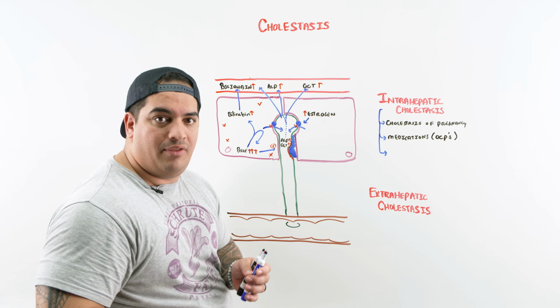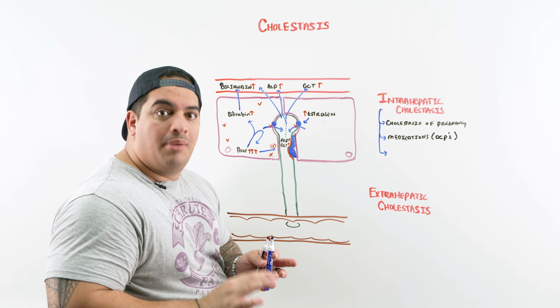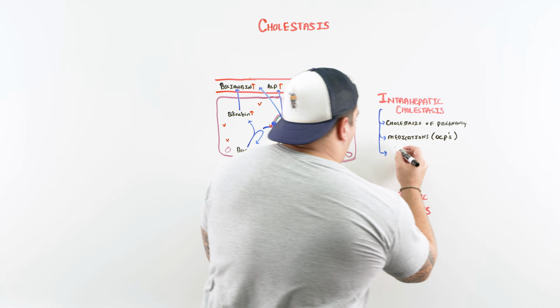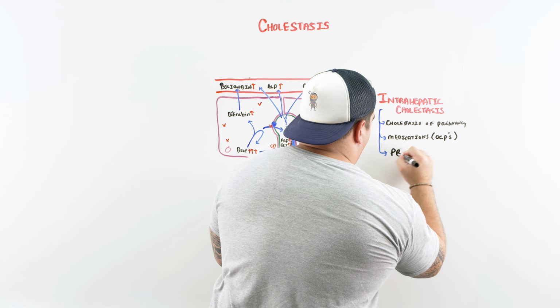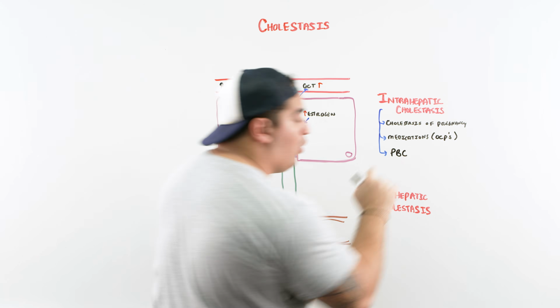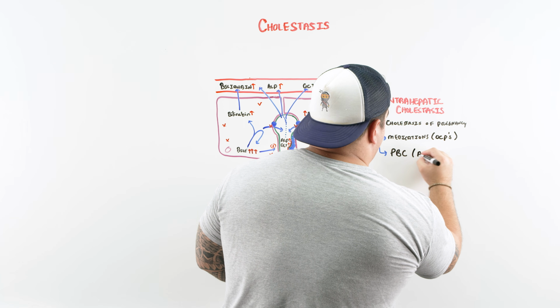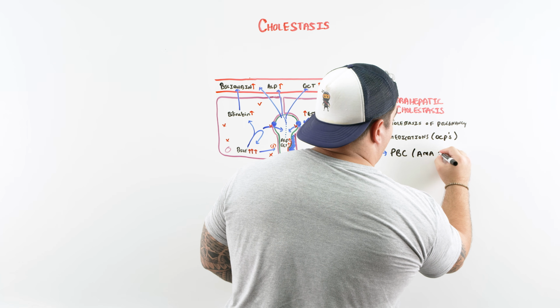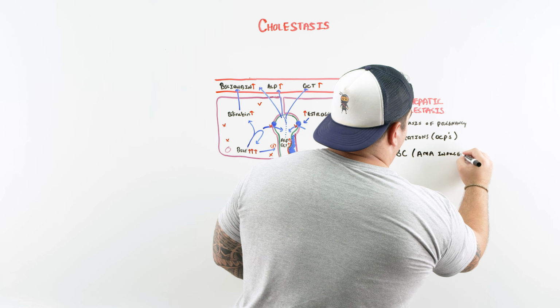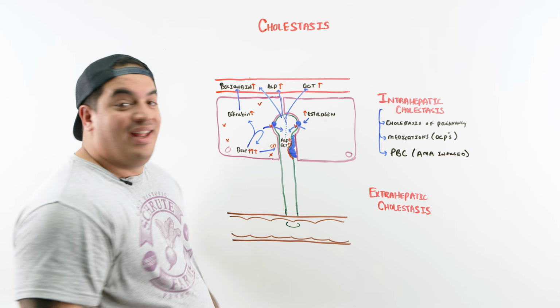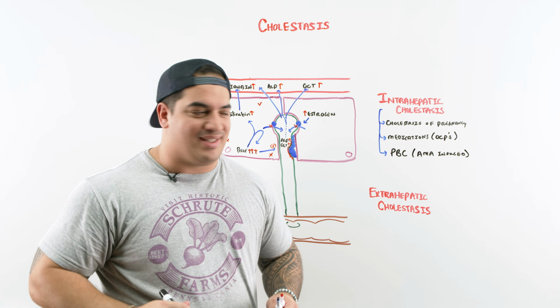Intrahepatic inflammation of the biliary ducts, only those: PBC. I really don't want you to forget about this one, primary biliary cholangitis. The big thing to remember associated with this one is the anti-mitochondrial antibody that is particularly induced and related to it. It's that autoimmune type of process.